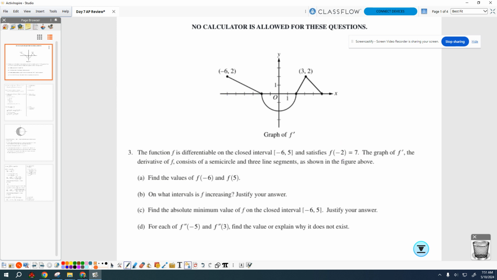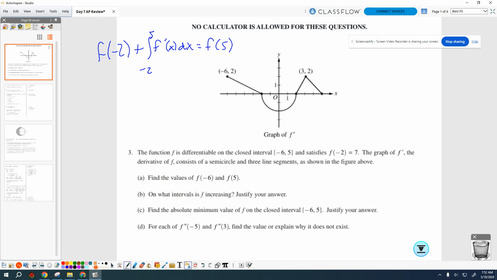F of 5. Hadley, what do we do to find f of 5? The same thing, so f of -2 plus the integral from -2 to 5. So where did you start and add the amount of change? So, Roxana, how do I get the integral from -2 to 5?